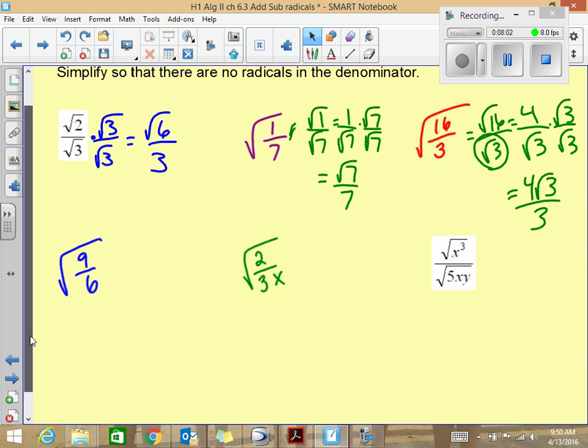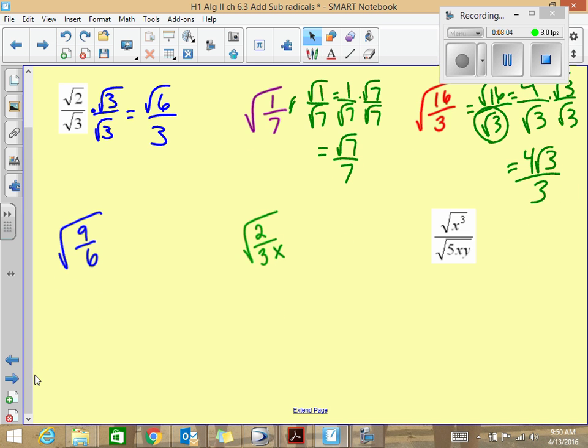So let's look at this one. This one I'm going to do a couple different ways. And this can get confusing, but I don't know how else to explain it. First of all, I could look at this and think 9 over 6. Can I simplify just that fraction, 9/6? Like 3 and 2. Right, so I could make it this.